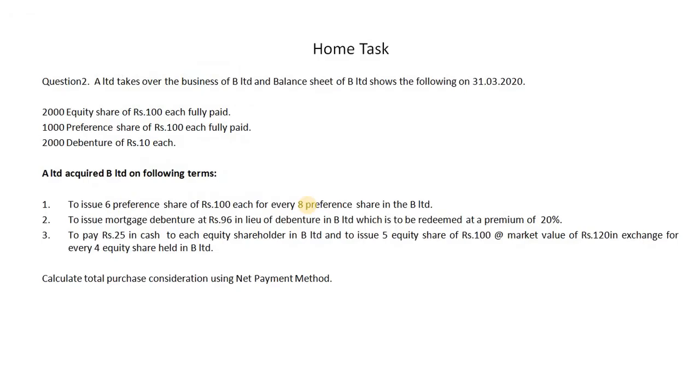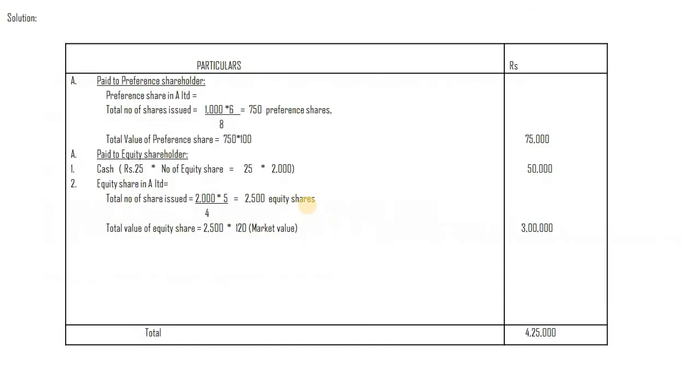And we don't have point number 4, so we got payment made to the equity and preference shareholders, and total amount, if we calculate 3 lakh plus 50,000 plus 75,000, then we are getting 4,25,000. So this is purchase consideration. Okay, we have solved this question.